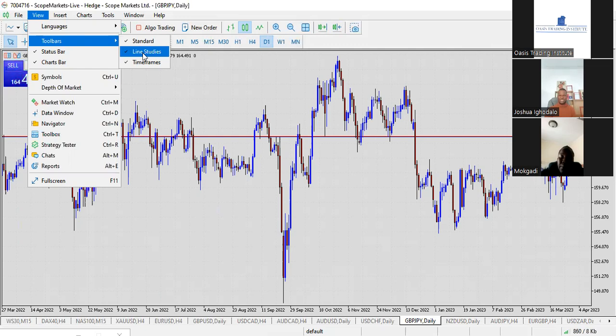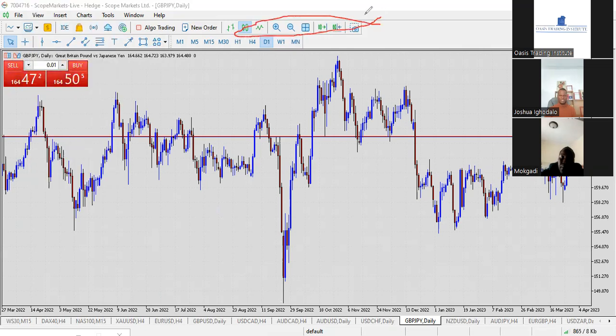Time Frame shows you the time frame. Line Studies shows you the tools you use to study the chart, like your trend line, vertical line, and horizontal line. Then the Standard toolbar shows you these controls to zoom in and zoom out, to quickly push the market to the present day, or keep it still at a particular day.